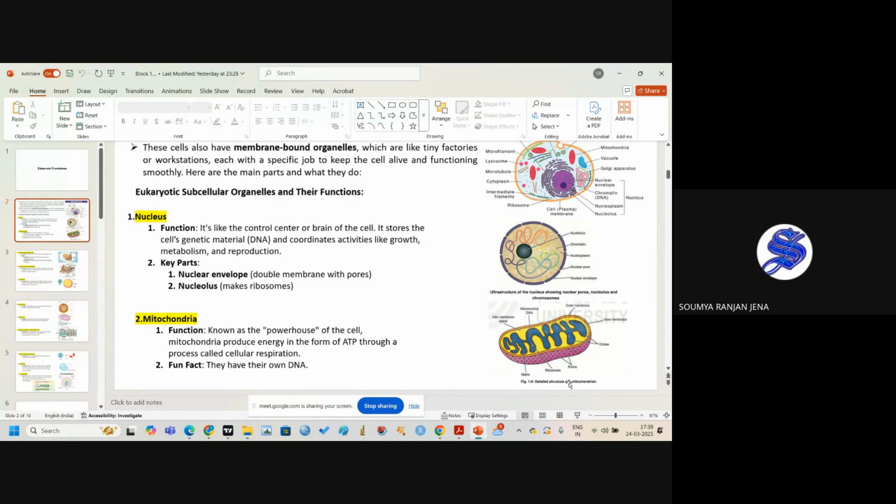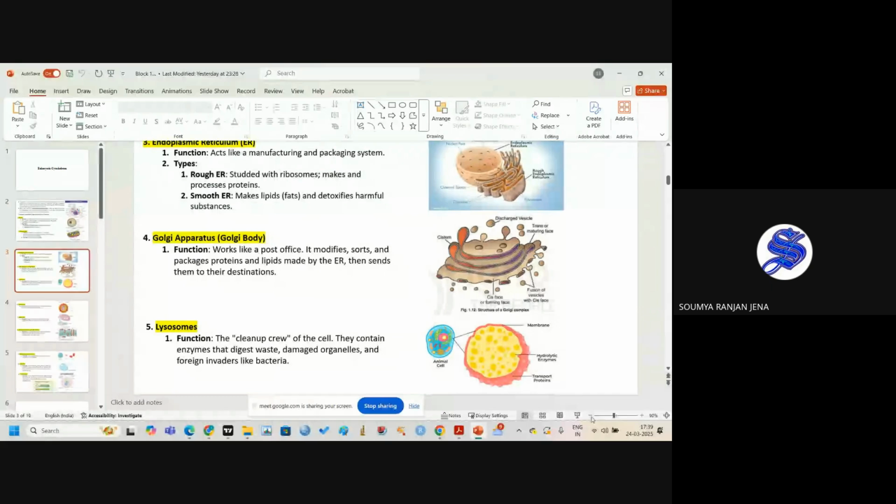If you look at the structure, mitochondria have their own DNA, that is mitochondrial DNA, and a double membrane, that is an outer membrane and inner membrane, and different types of proteins and ribosomes are found inside the mitochondria.